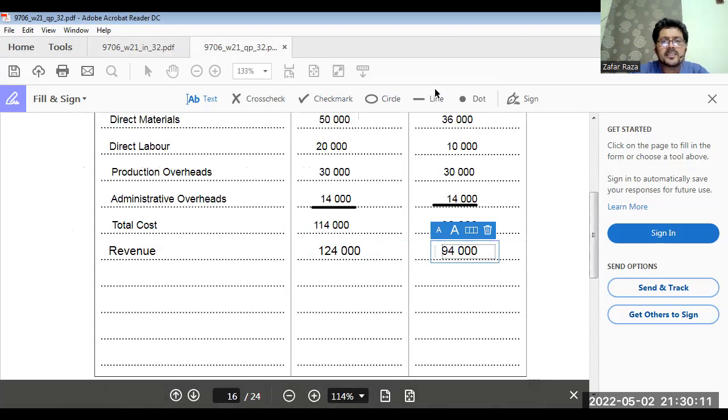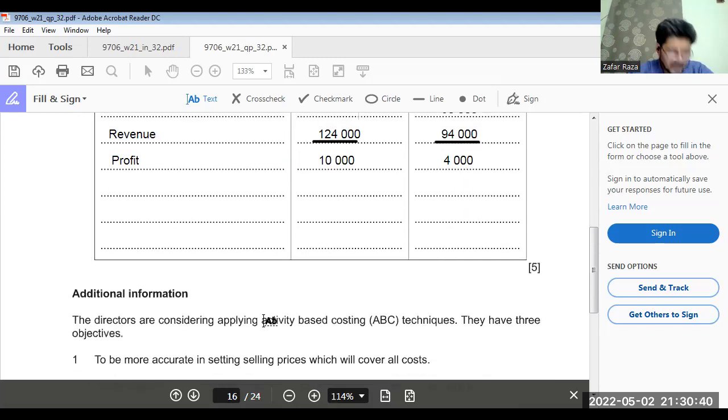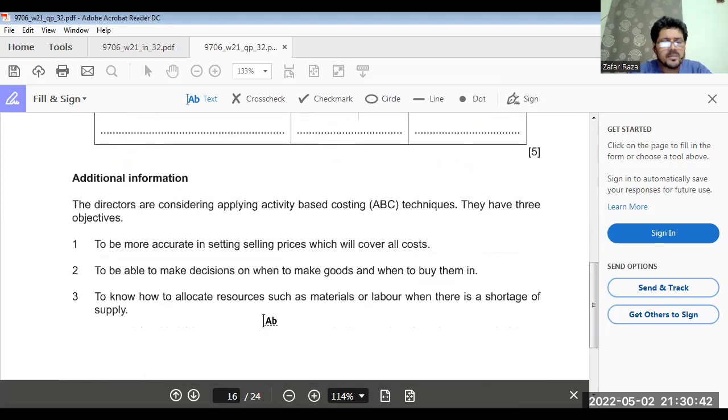So profit is how much? 10,000 here and 4,000. This is 5 marks.